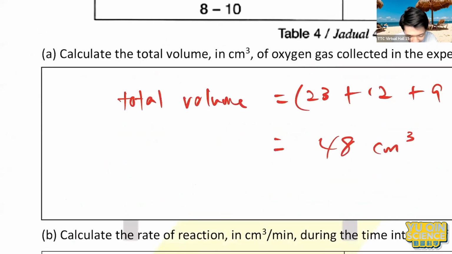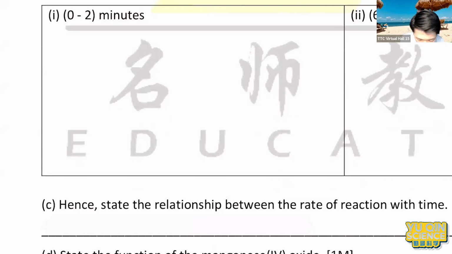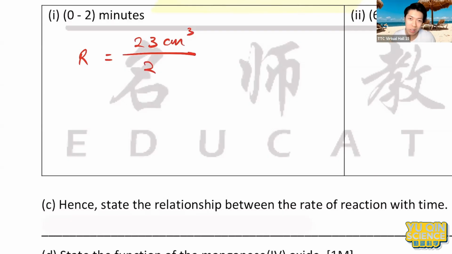Rate of reaction equals 23 cm cube over time, 2 minus 0, that's 2 minutes. If you want to change it to seconds, then it becomes 120 seconds. But let's just follow what the question wants.